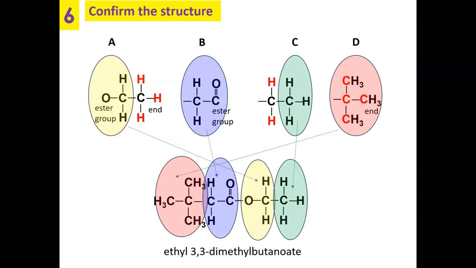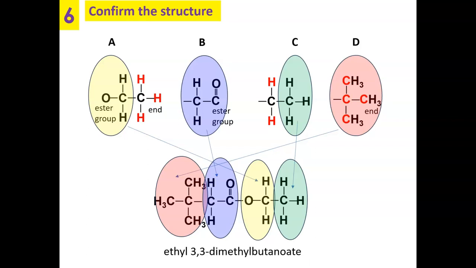On the carboxylic acid side of our ester, the carbonyl carbon bonding to a CH2, which of course was not split because the carbon on the terminal end with 3 methyl groups has no H's of its own.